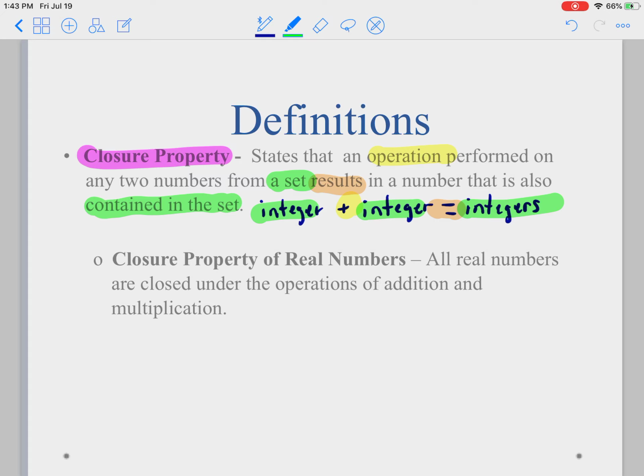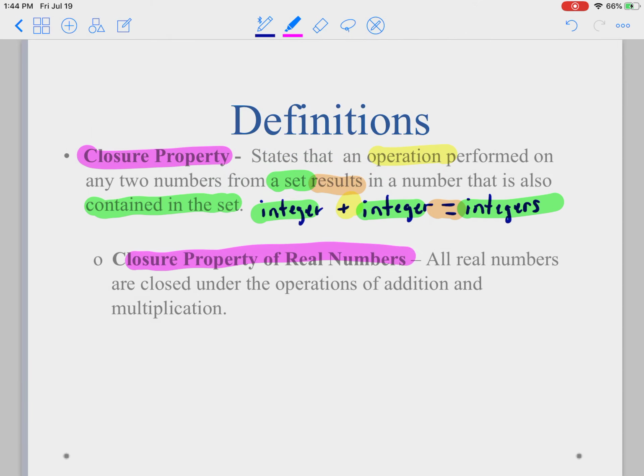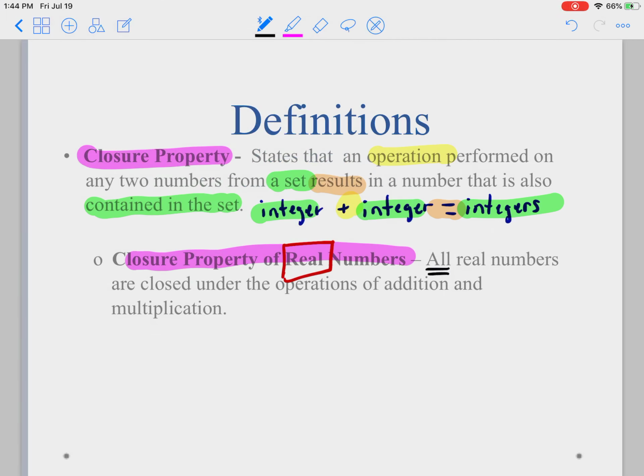And then a little additional definition, but really just kind of an addendum to the closure property, is that the closure property holds for all real numbers. Now that is very important, and I'm going to really underline this. This means that all real numbers are closed. Again, they're closed.